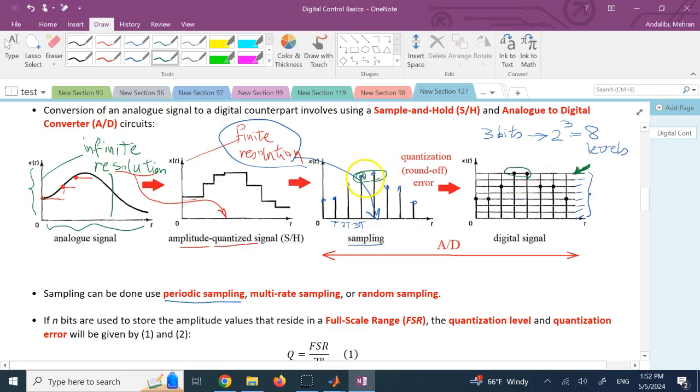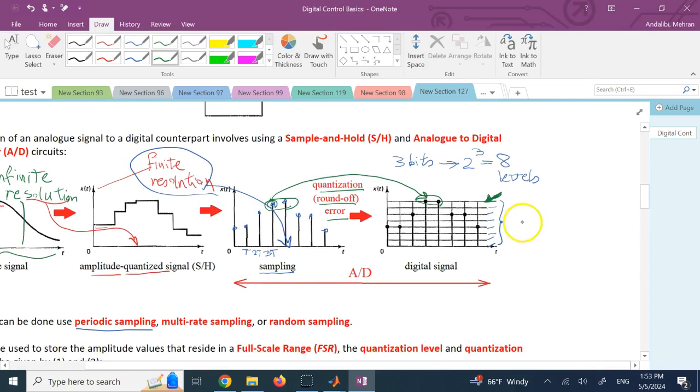So here you had to increase this number a little bit, make it the same as the other one almost, or both of them the same as the highest level. So you see here, going from here to here, you have some round-off error or some quantization error.